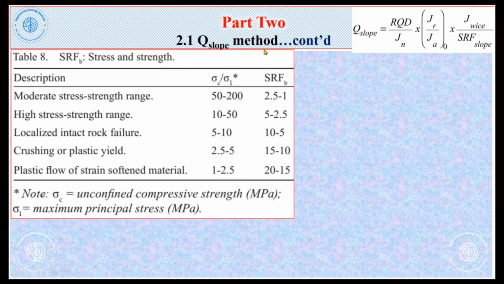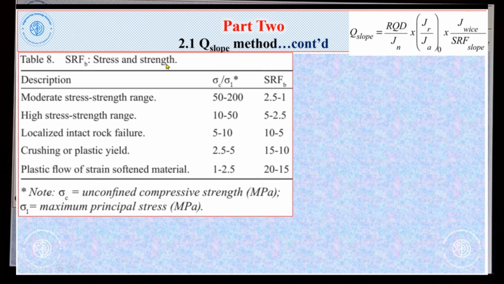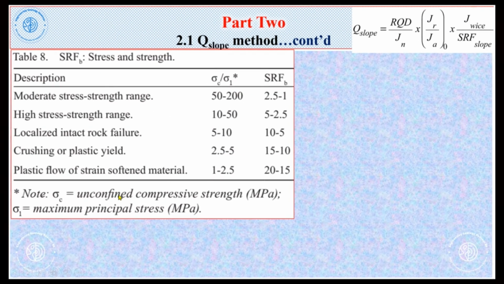Okay, so Table 8 is about the strength reduction factor for B related to stress and strength, the ratio between the uniaxial compressive strength and the maximum principal stress.